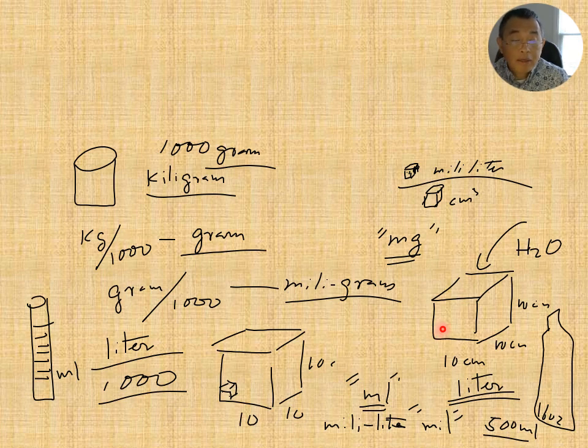A milliliter is a very commonly used unit. Many times in the chemistry lab, lab technicians use tubes with marks that say ml. That means milliliter. Sometimes they simply say mil to make it easy.